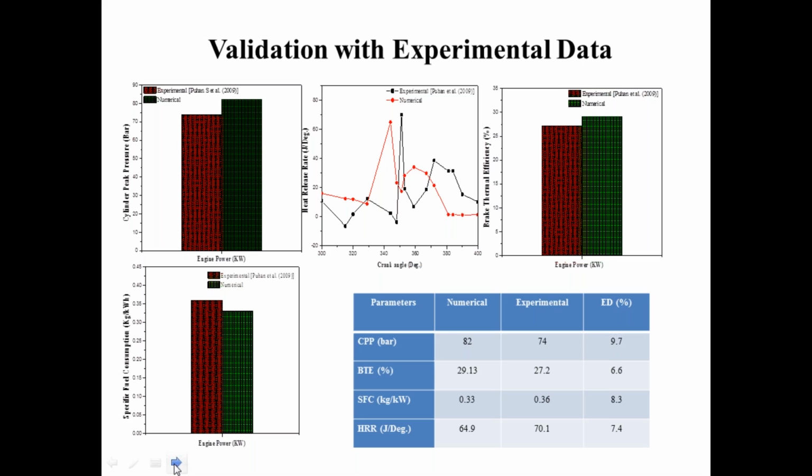So this proposed numerical solver, diesel RK, can be effectively used for analysis of combustion, performance and emission parameters at different operating parameters, and we can change the biofuels also.